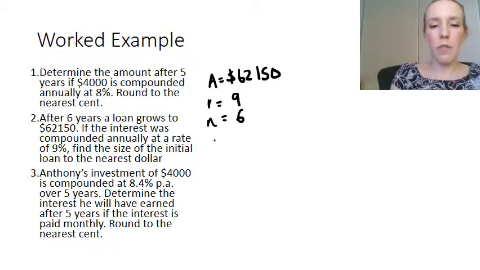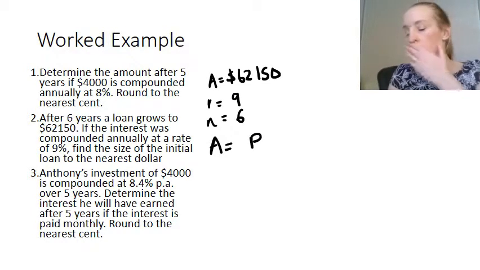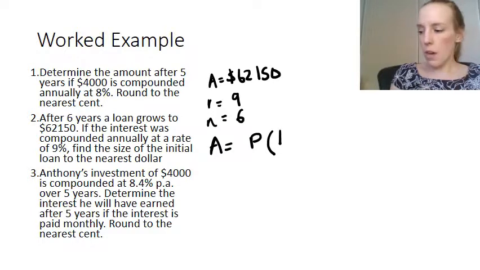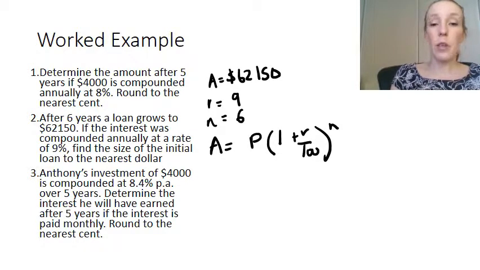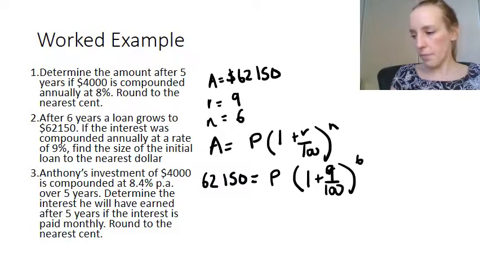So then we'll write our formula again. A equals P times 1 plus R over 100 to the power of N. So we're going to fill in what we know. 62,150 equals P times 1 plus, R was 9 over 100, to the power of 6.